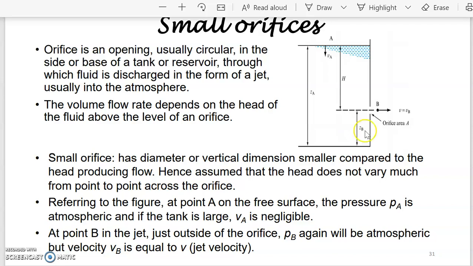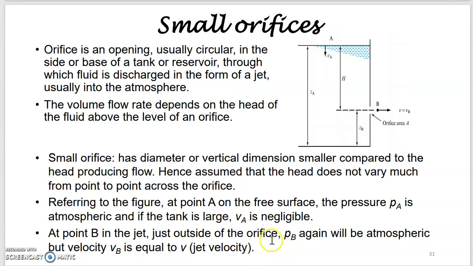Okay, at point B in the jet, just outside of the orifice, the pressure at point B again will be atmospheric, because it is discharged out from this tank to the atmosphere, but the velocity is equal to V, the jet velocity.